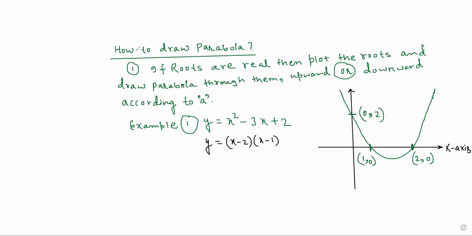Number 2 is y is equal to 4x minus x square plus 5. So just take minus common. So x square minus 4x minus 5. Got it now?